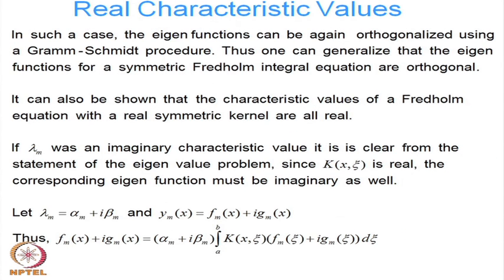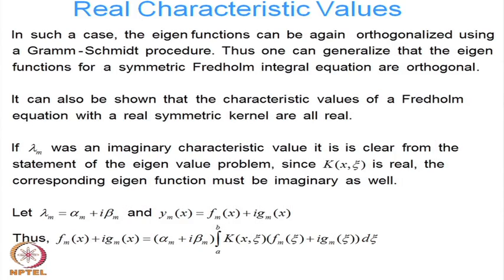If you remember, when we were talking about linear systems, we also looked at iterative methods to evaluate eigenvalues and eigenvectors, and we found that we first find the largest eigenvalue and the corresponding eigenfunction, and then progressively the next smallest eigenvalue, the corresponding eigenfunction, and so on.